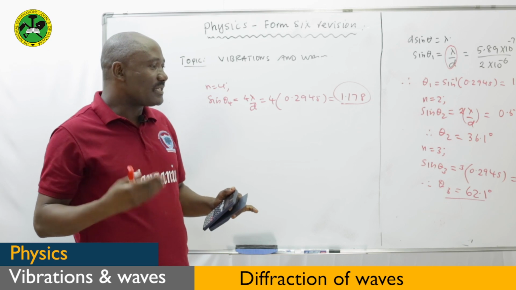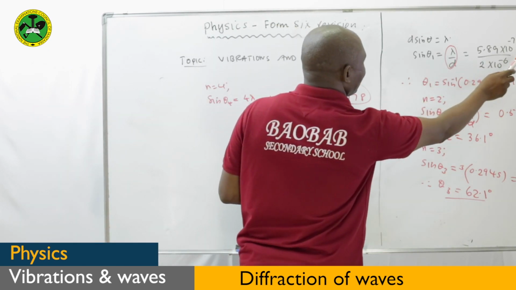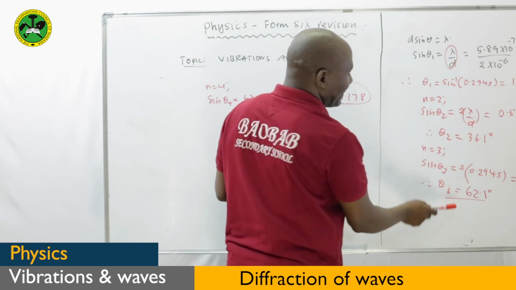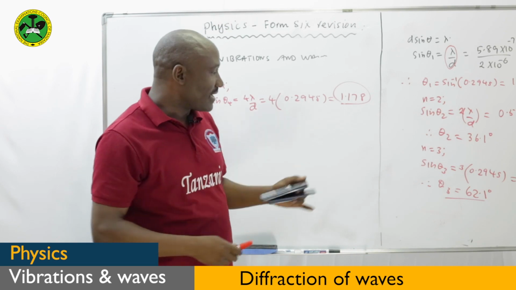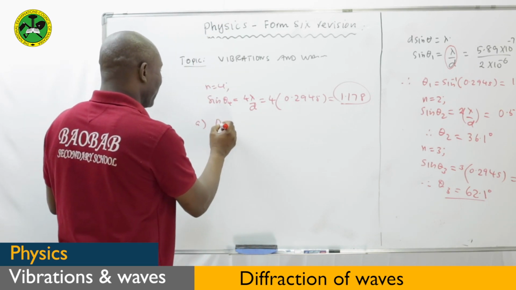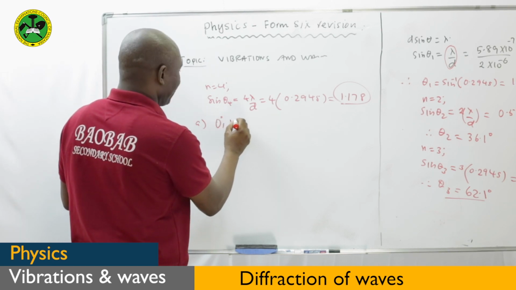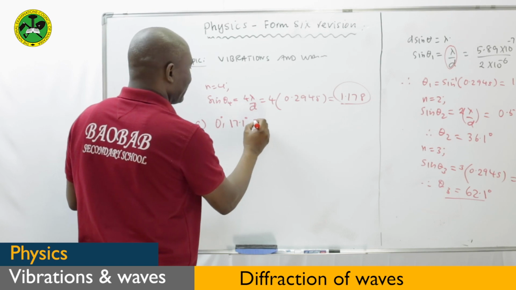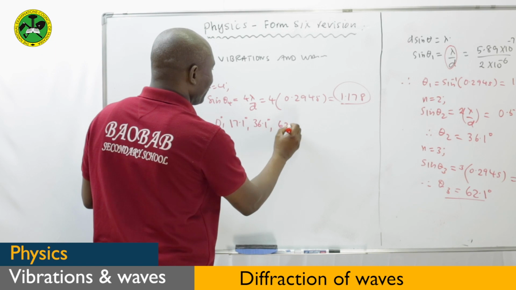How many images can be observed? So you'll be having the first, second, and third images, which are produced on either side of the central maximum. From there, the corresponding angles: we have 0 for the central, the first was 17.1, and then 36.1, and 62.1.